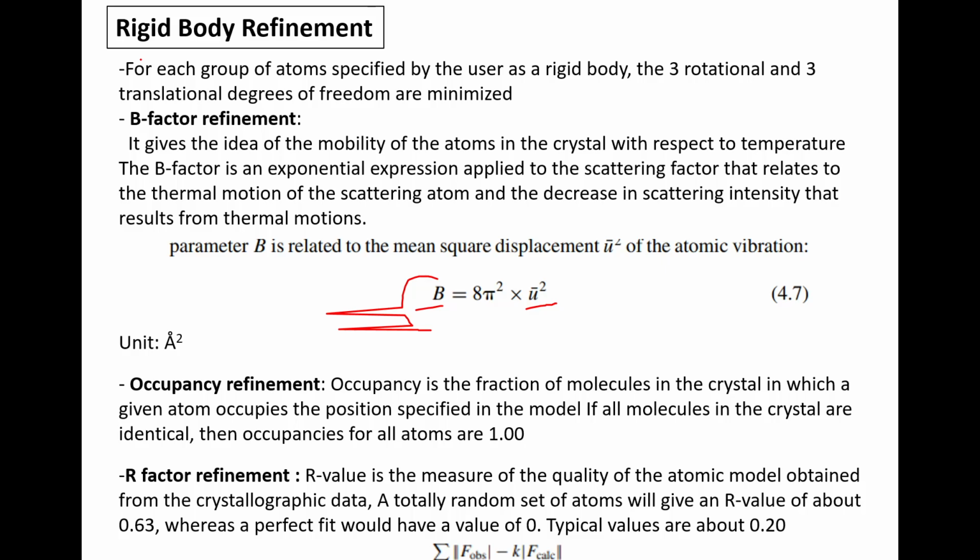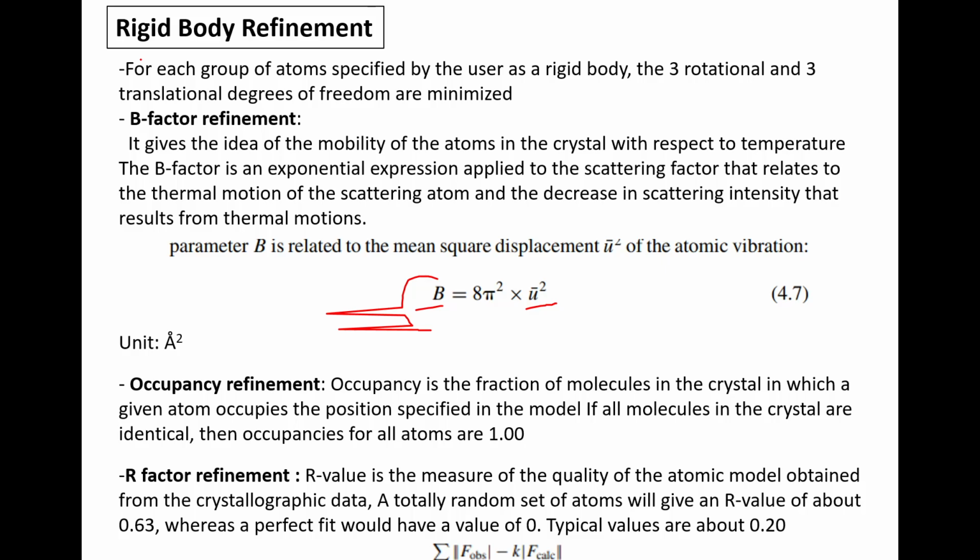It tells whether these atoms are occupying that space or not, the probability of a particular atom being present at a particular coordinate in the crystal. In the refinement, we do it so that the occupancy of the atoms in the particular region is near to 1. If everything is ideal, the occupancy factor will be 1. So if after the occupancy refinement it is near to 1, it is giving you a good result.